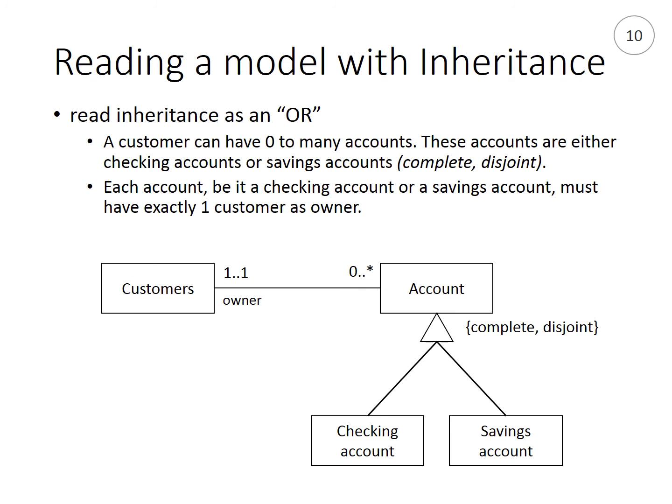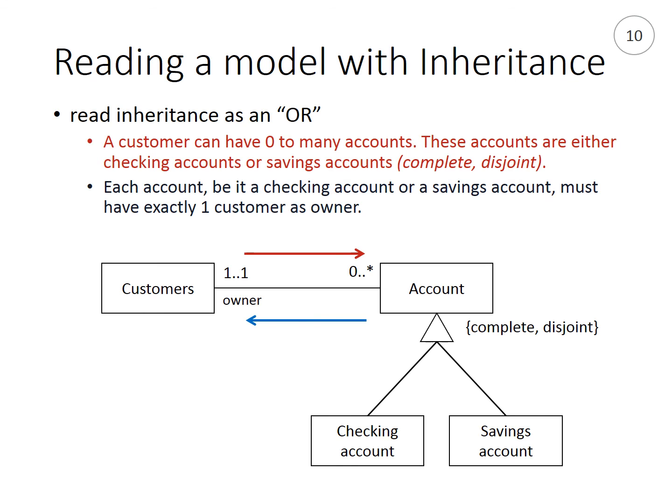A special word needs to be said about reading a model with inheritance. You have to read inheritance as an OR. So, if you read it in this direction from customer to account, the way to read the diagram is as follows. A customer can have 0 to many accounts, and these accounts are either checking accounts or savings accounts because the specialization is complete and disjoint.